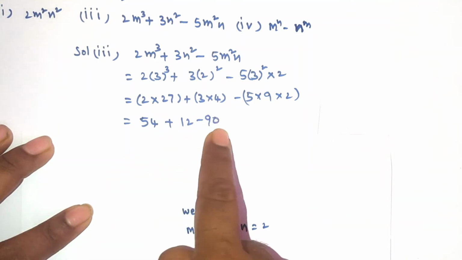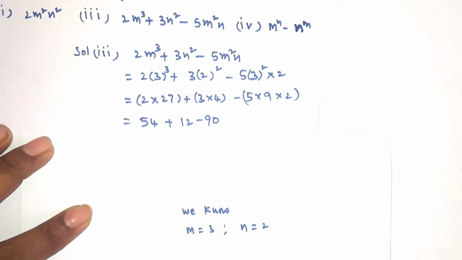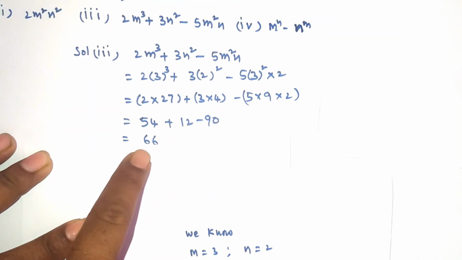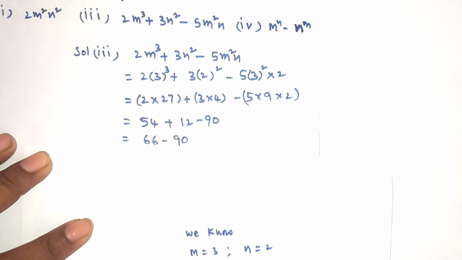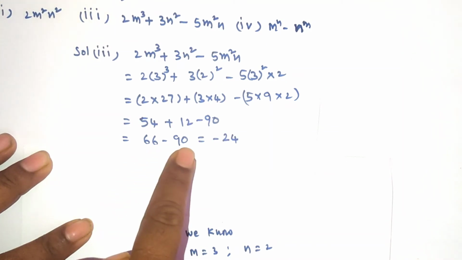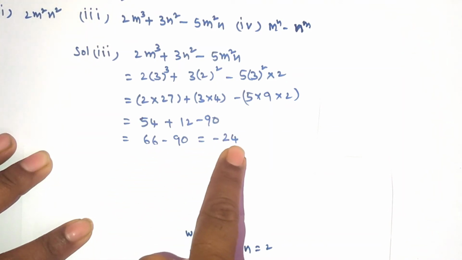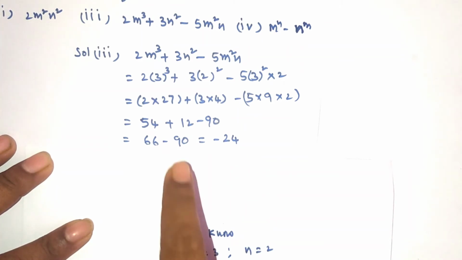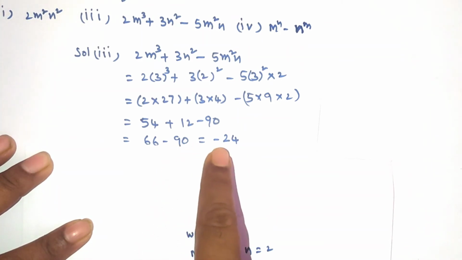Let us simplify this further. Here we got 54 plus 12, 66. Minus 90. 66 minus 90, we got minus 24. Since here the minus value is more, we got a minus symbol.